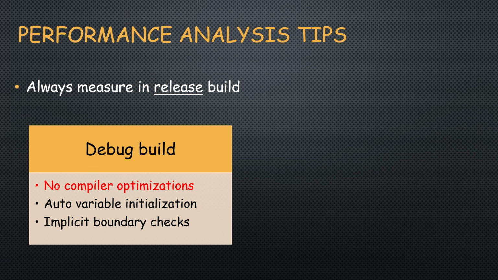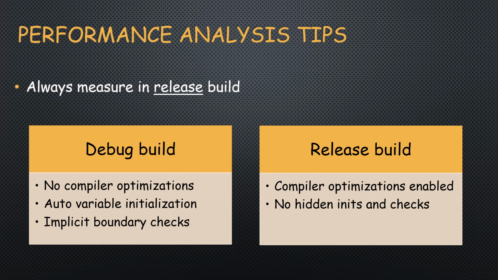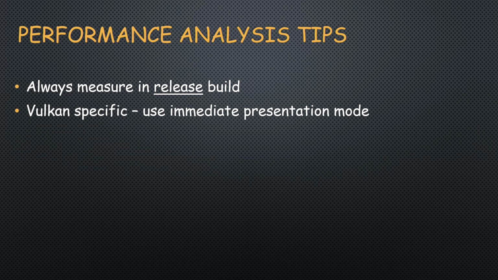In addition, the compiler automatically initializes the variables and adds implicit boundary checks to help you trap those nasty off-by-one bugs. In release build, the compiler optimizations are enabled and all those extras that the compiler adds to your code on its own are skipped. The next item is Vulkan specific.